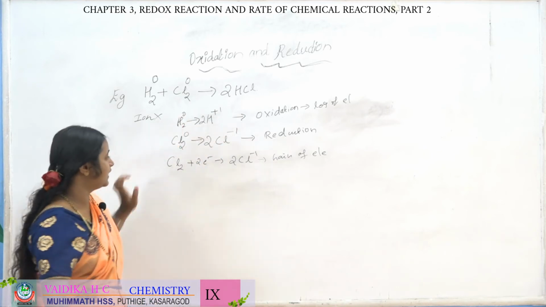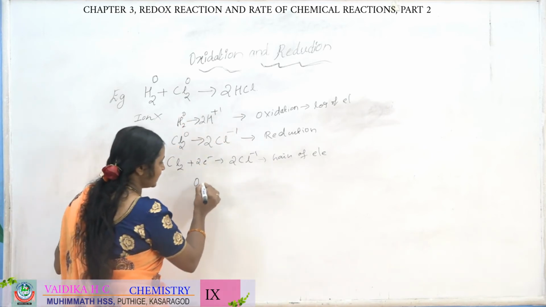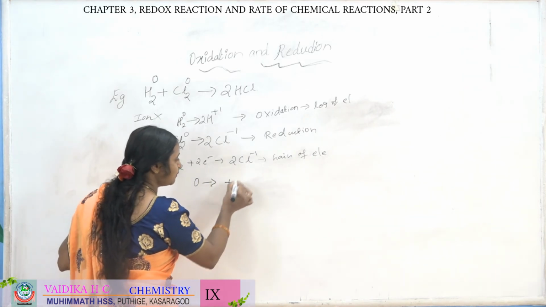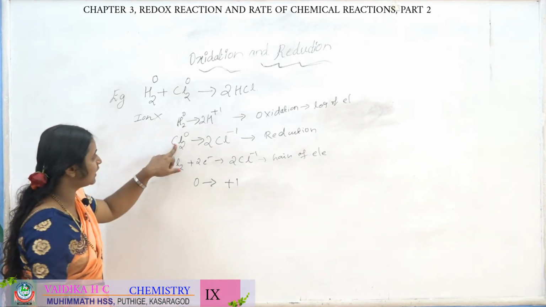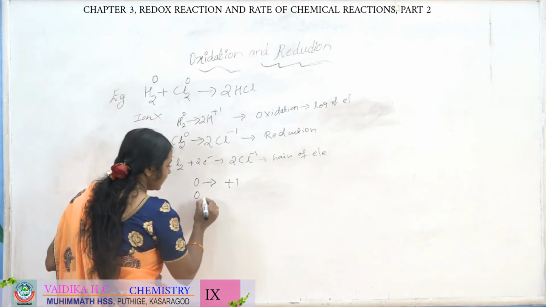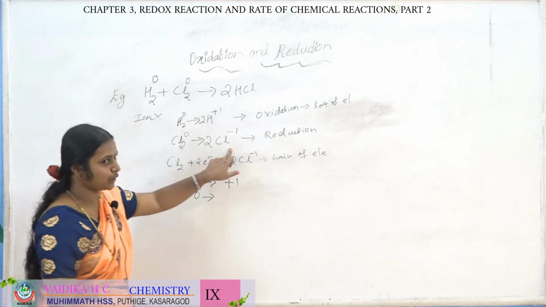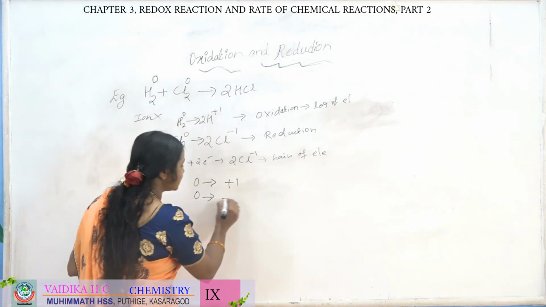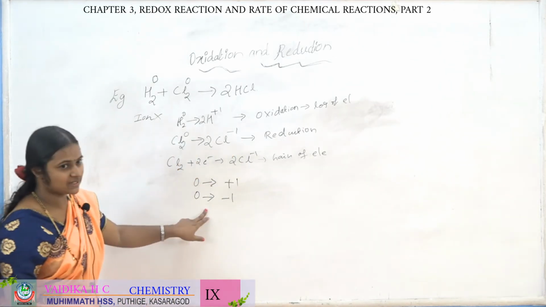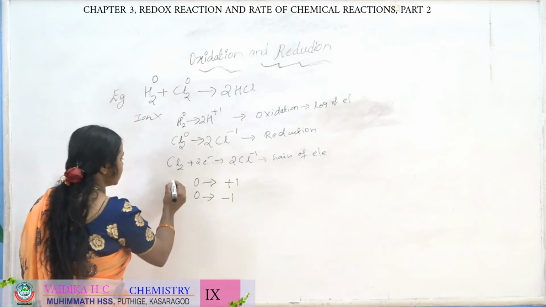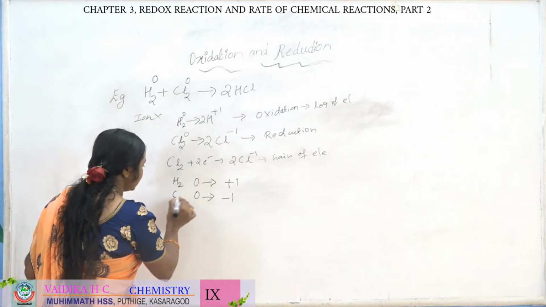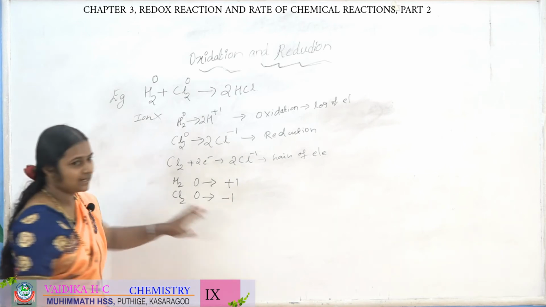So the oxidation number increased from 0 to +1, but for chlorine, on the reactant side the oxidation number is 0, and on the product side the oxidation number is -1.